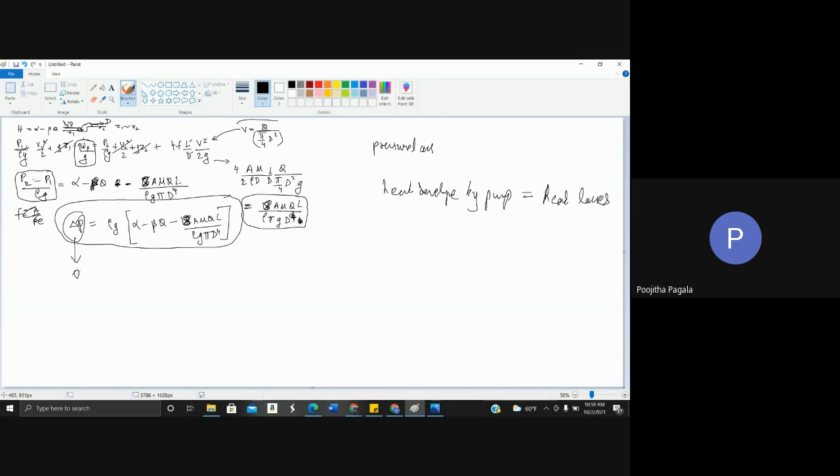So in that case, delta P is going to be 0. And so then you have alpha minus beta Q minus 8a mu Q L by rho g pi d power 4 is 0. And once you isolate Q, you have Q is equal to alpha divided by beta plus 8a mu L divided by rho g pi d power 4.